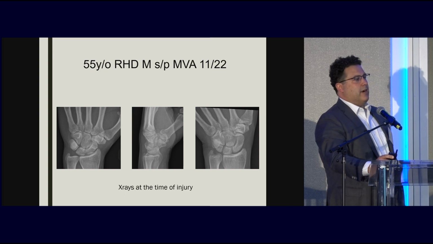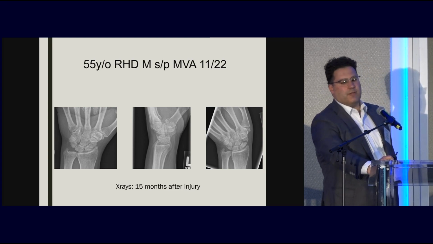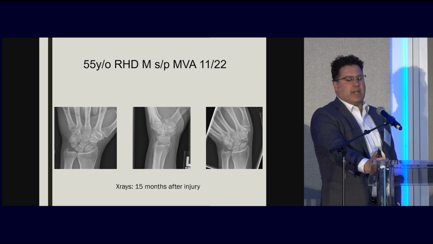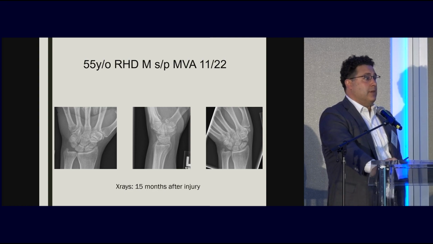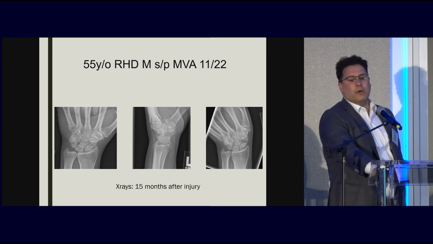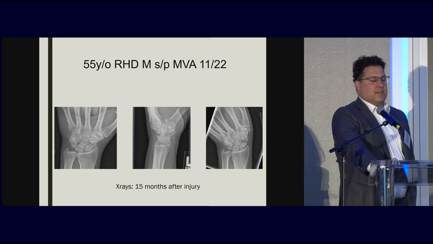His primary care doctor told him that he had a wrist sprain. He was sent to physical therapy for multiple rounds, and then he was sent to my office 15 months later. So this patient has a scaphoid waist non-union after not being treated for 15 months. So he's on the schedule for tomorrow.